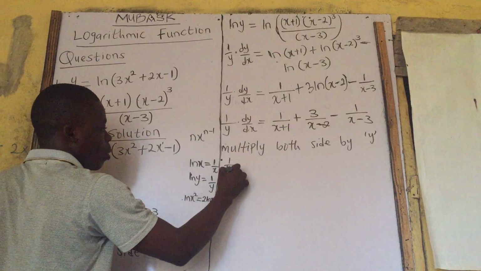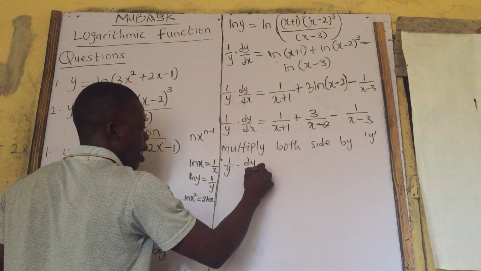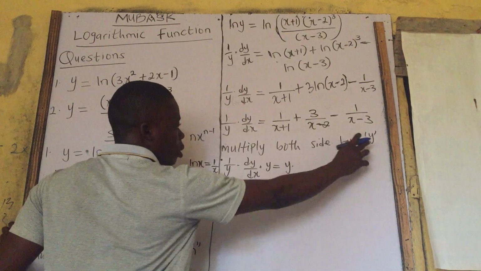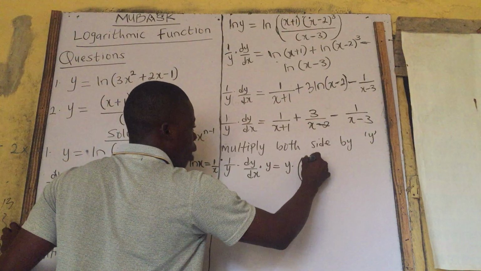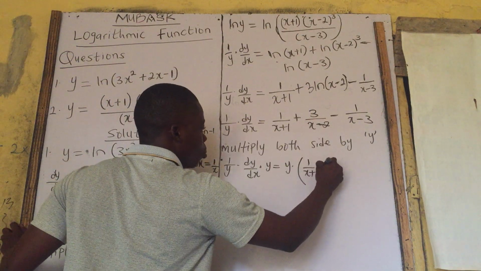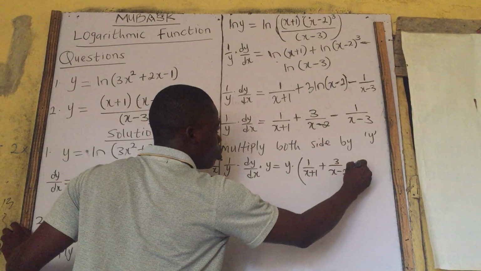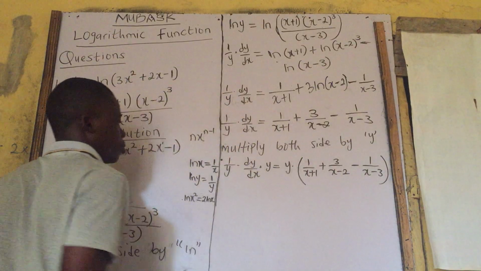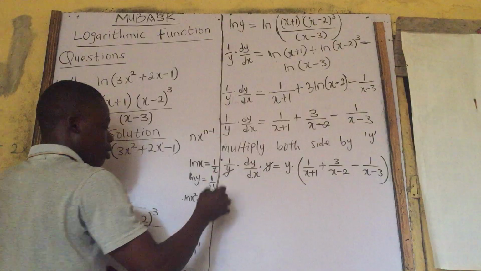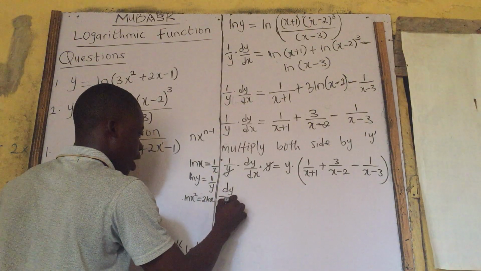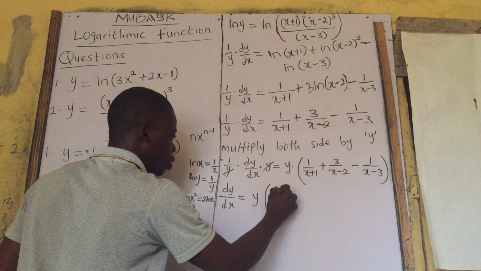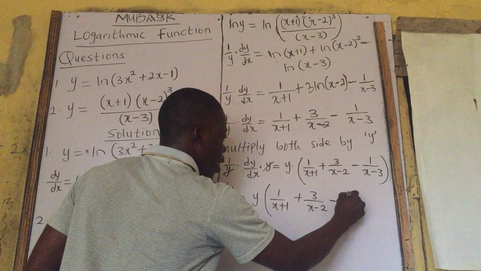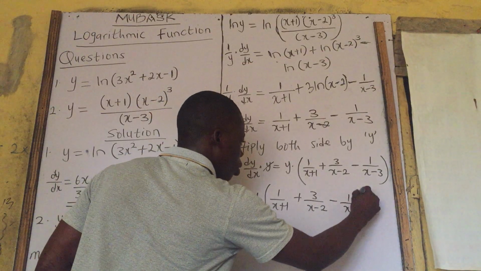Now 1 all over y multiplied by dy all over dx multiplied by y equal to y open bracket 1 divided by x plus 1 plus 3 divided by x minus 2 minus 1 divided by x minus 3 all in bracket. Now y cancels y, remain dy all over dx equal to y open bracket 1 divided by x plus 1 plus 3 divided by x minus 2 minus 1 divided by x minus 3 close bracket.